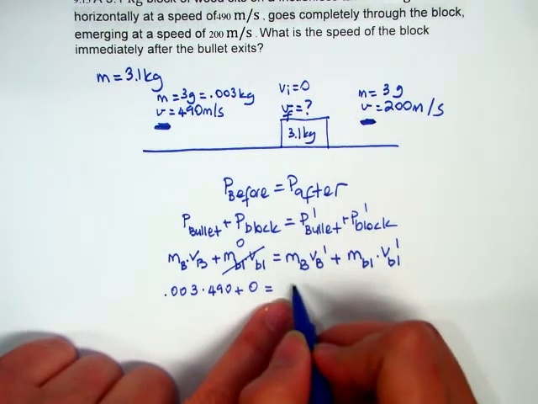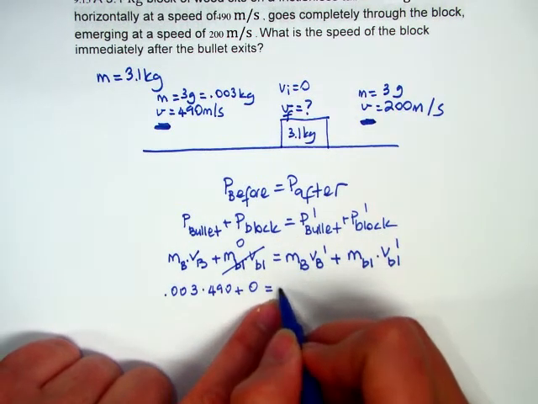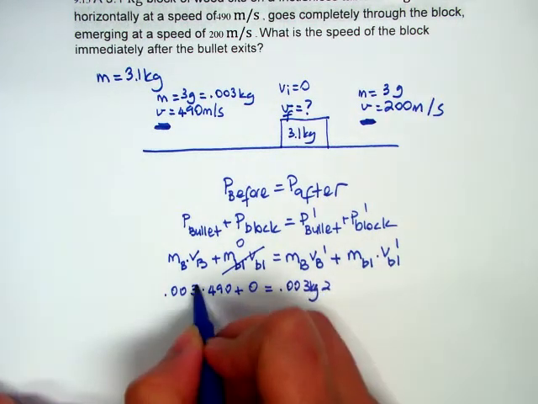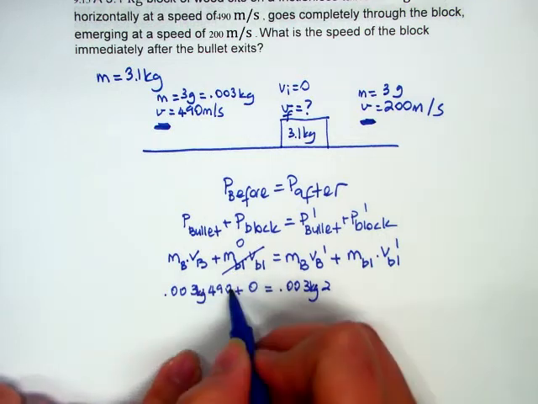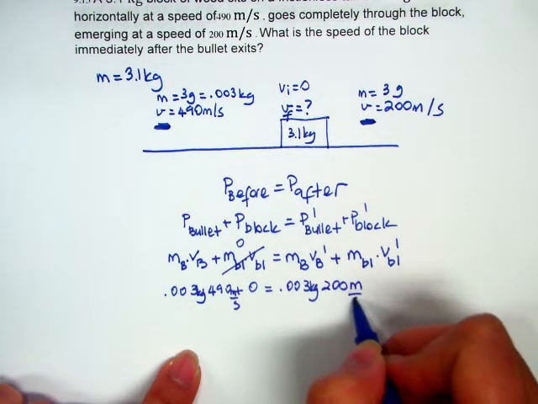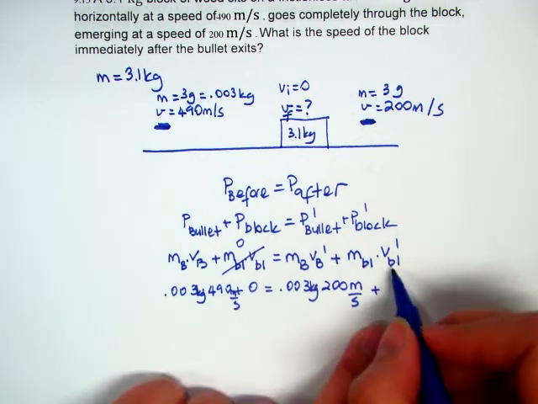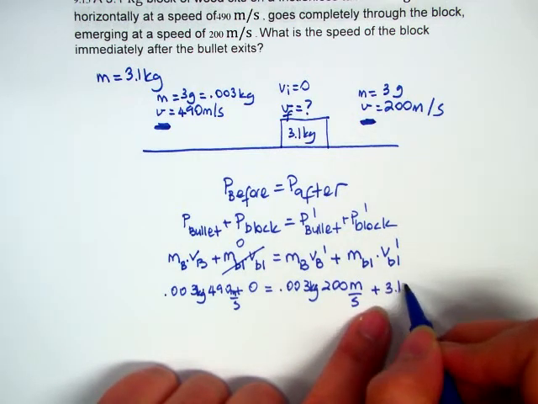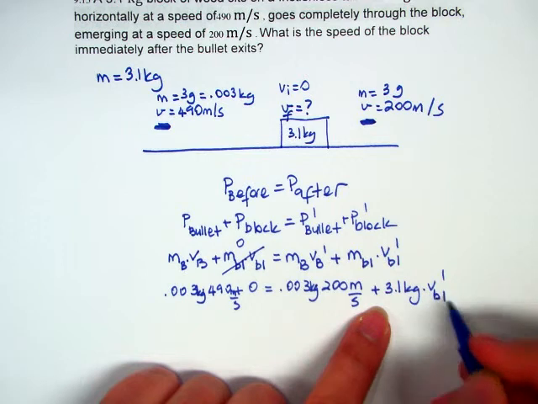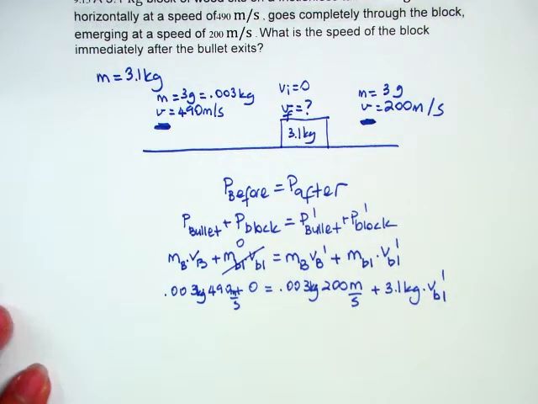And then the bullet is going with 200. This is kilogram, and this is kilogram, and that would be meters per second. And this is going to be 200 meters per second. And the block, which has 3.1 kilogram, the final velocity of the block we are looking for.